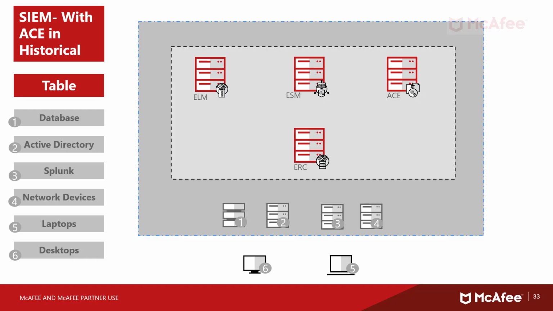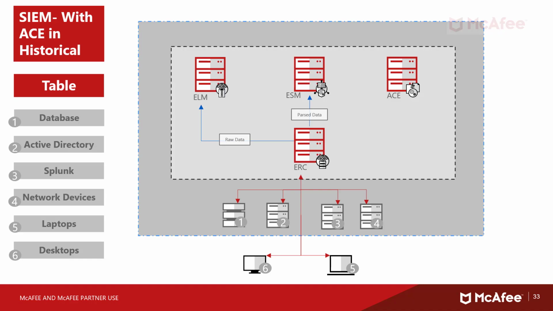So once ESM is set up, it'll set the data sources to have ERC begin to pull and retrieve the event data. From there, it sends the raw logs to ELM, and then it sends the parsed data to the ESM.